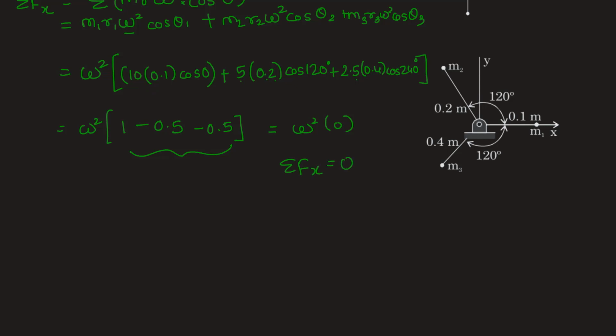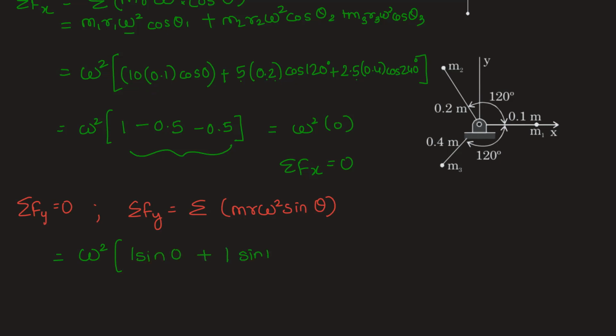This we have proven. Let's also prove summation Fy is 0. So to write summation Fy in this system, we have summation of m r omega square. When finding out the component in y direction, it is sine theta. So doing the same thing here, omega square will be taken common. 1 into sine 0 plus 1 into sine 120 plus 1 into sine 240.